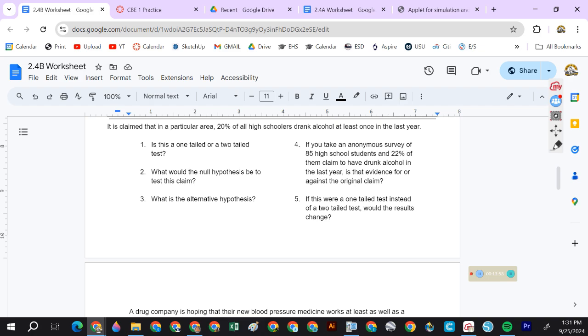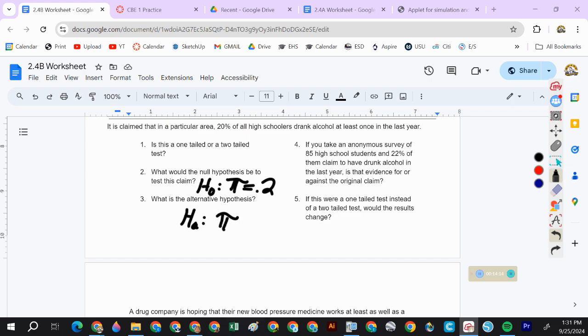Neither. Is it going to be different? So this is a two-tailed test. What is the null hypothesis? H naught says that pi is equal to 0.2. What is the alternative? HA says that pi is not equal to 0.2.